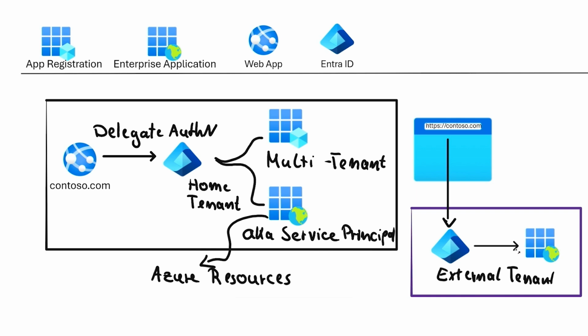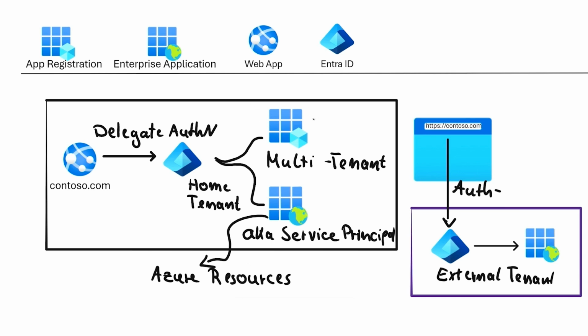And now the administrator of this external tenant can go ahead and use the same approach and allow for this service principal now to access a database in their subscriptions. So that's the difference between where you have multi-tenant versus single. And with multi-tenant, you always have that one application object that is a global object.